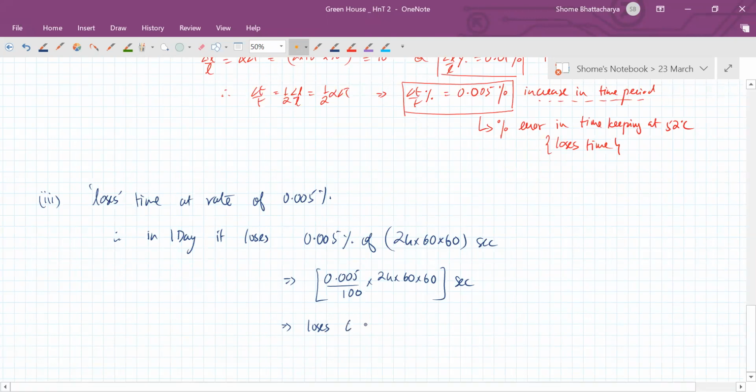Okay, so it loses 4.32 seconds per day. So in about a week, it will lose half a minute, significant amount of time.